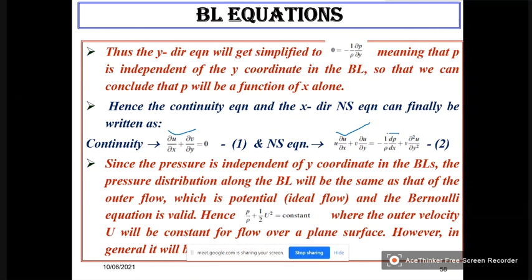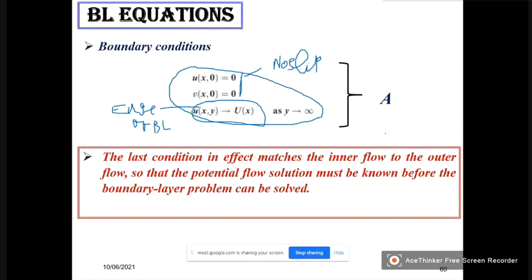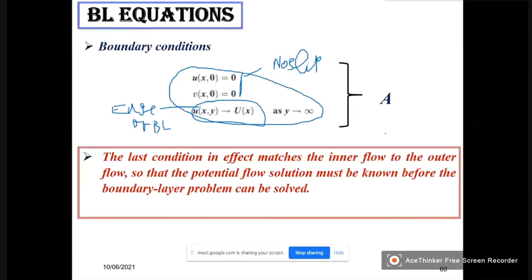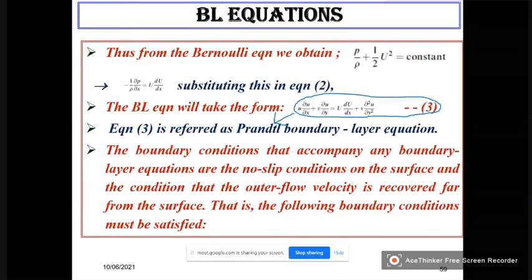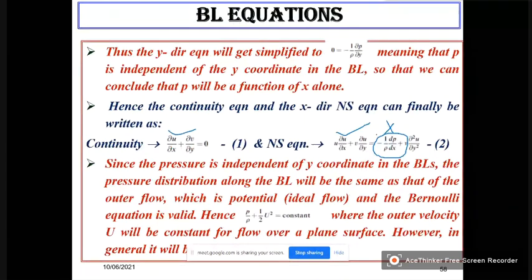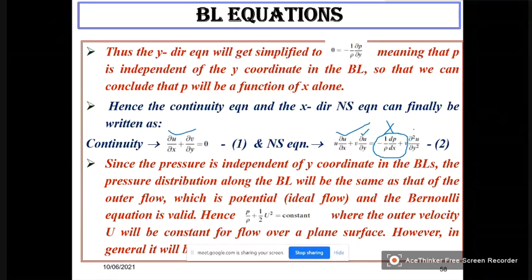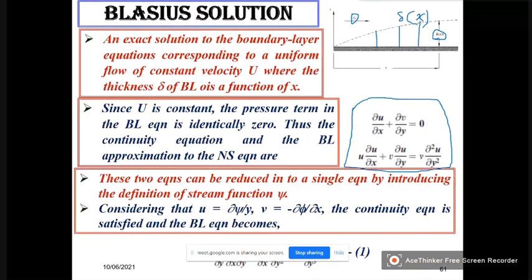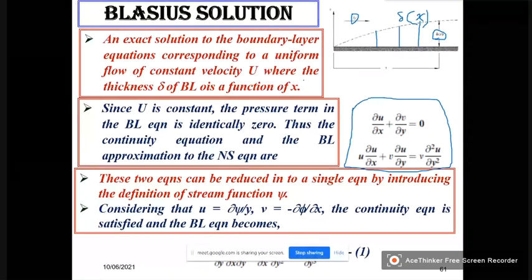So the pressure term is removed. You can see u dou u by dou x, v dou u by dou y is equal to nu dou square u by dou y square. That is what we have taken. So these two equations can be reduced to a single equation.